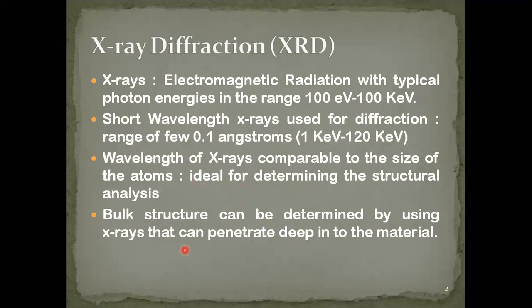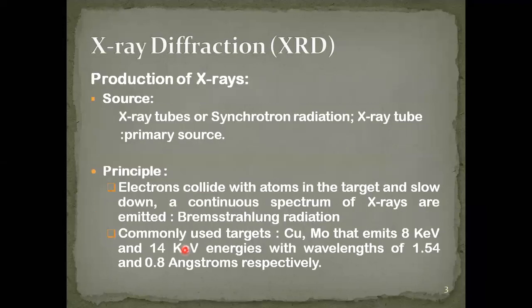Even for bulk structure, the X-rays will penetrate deeply into the sample and give the details present in the material. These are the reasons why we are using X-rays in our structural analysis.